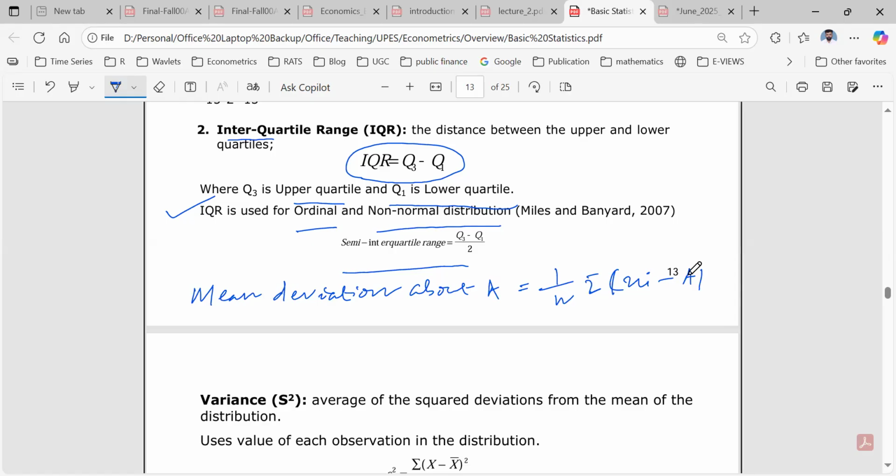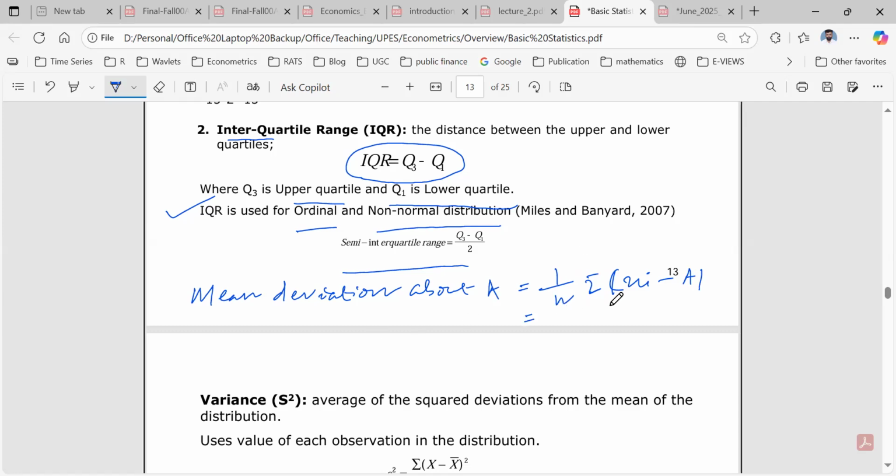This is basically what we call mean absolute deviation.